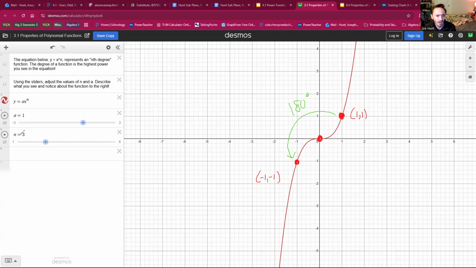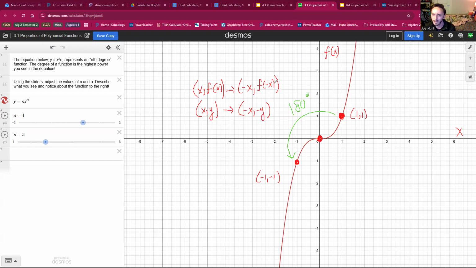Now, I want to highlight what's going on with the coordinates, right? I started off with the coordinate x comma y, and it became a coordinate negative x, negative y. I changed the sign on both instead of just one of them, right? If I'm working back into x and f of x notation, what you're going to notice is that the analog to that is that x comma f of x, the original coordinate, is going to become negative x comma f of negative x.